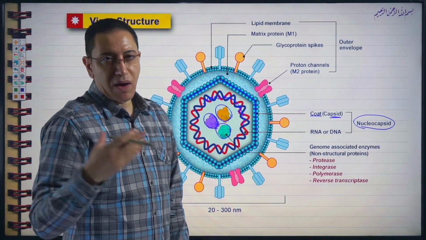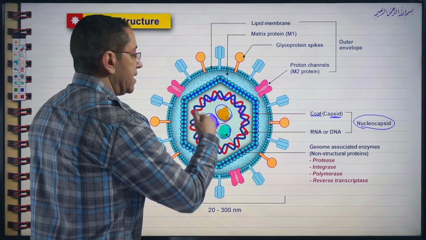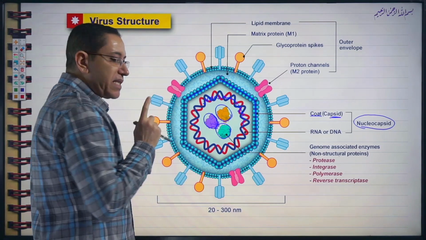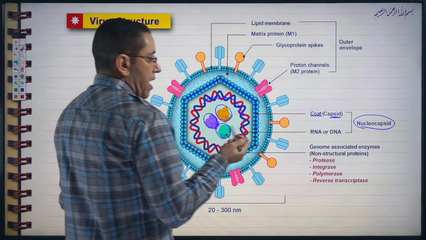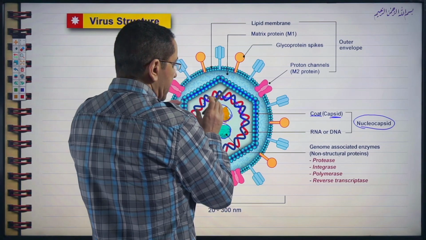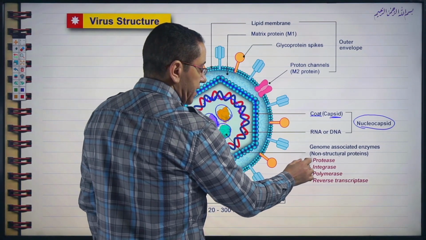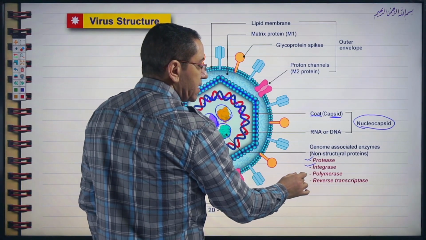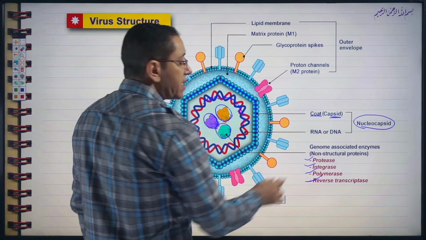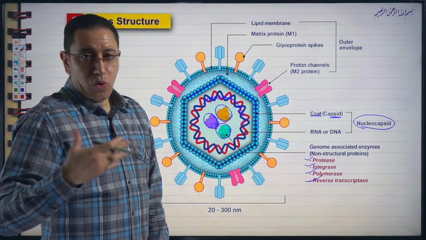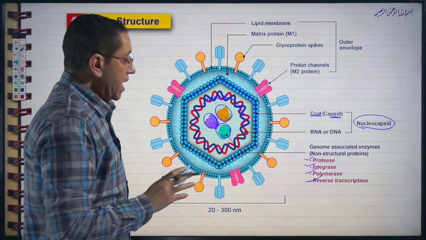They are not one set. I'll give you some examples, naturally, not all of them. For example, among those essential viral enzymes is an important enzyme called protease, another one called integrase, viral polymerase, reverse transcriptase, and many others according to the type of the virus.